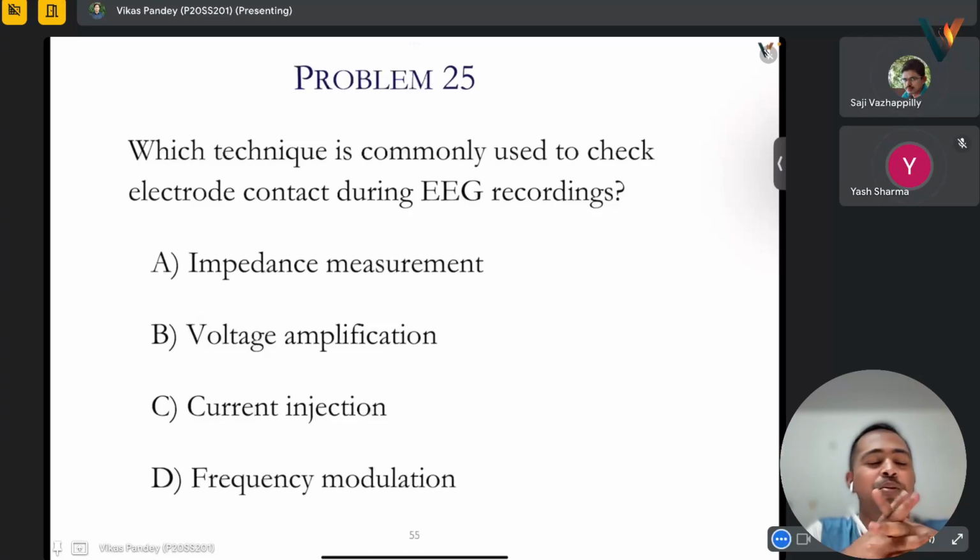No, sir. What I know is that they apply some conductive gel. Even I have not seen that being done. So they apply some conductive gel, and that is to decrease the impedance so that the signals can have a good signal to noise ratio. Okay.